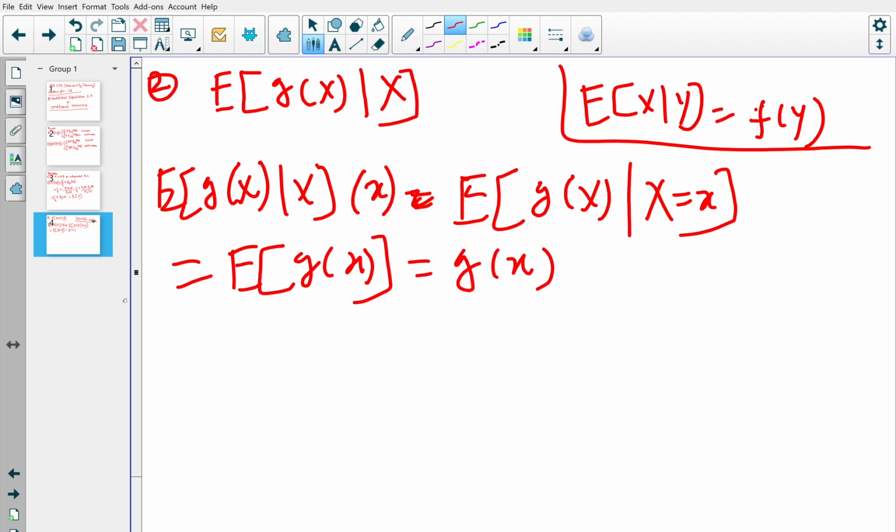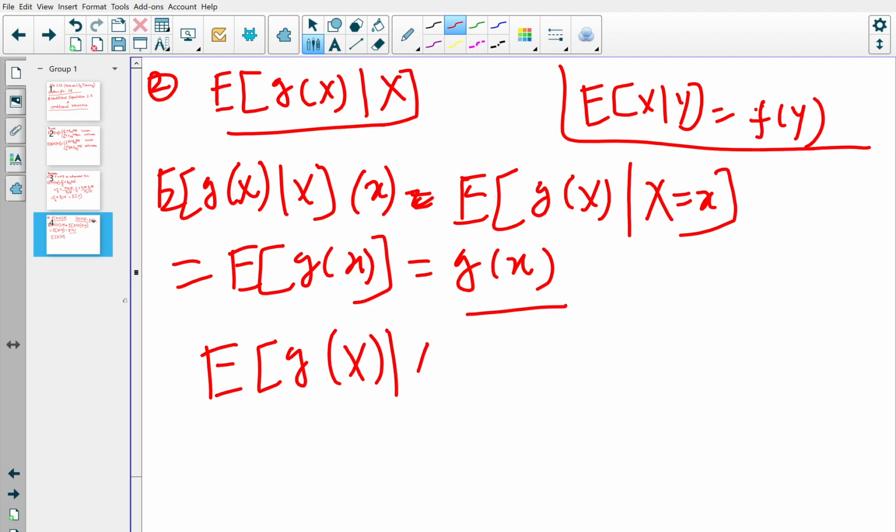So at each point x, this quantity takes the value g(x), and hence the expectation of g(X) given X is nothing but the function g(X). Is that clear? You can treat it as a constant term, so it comes out.